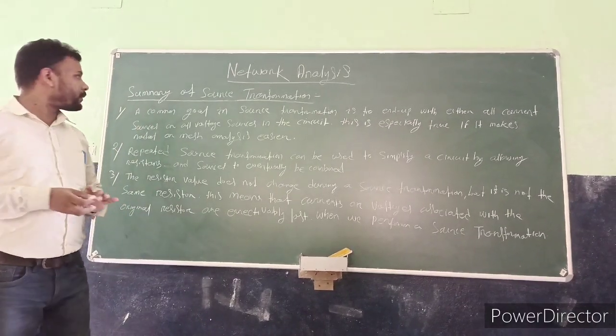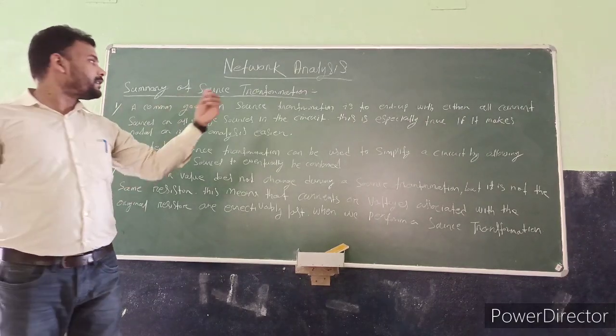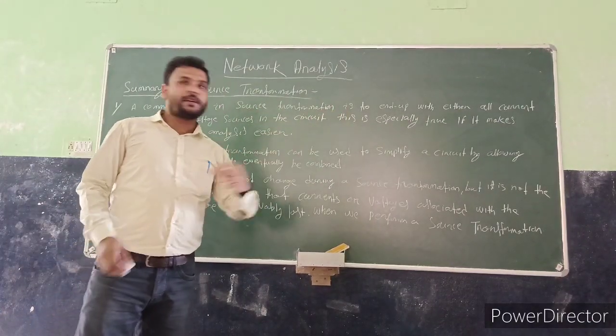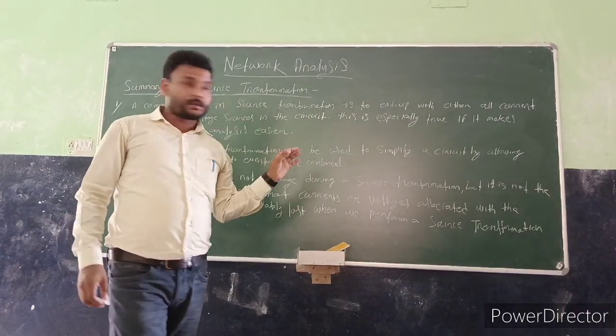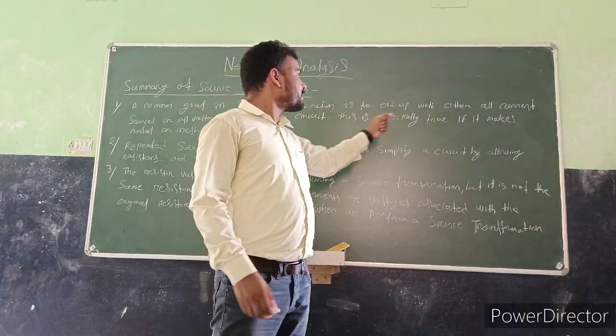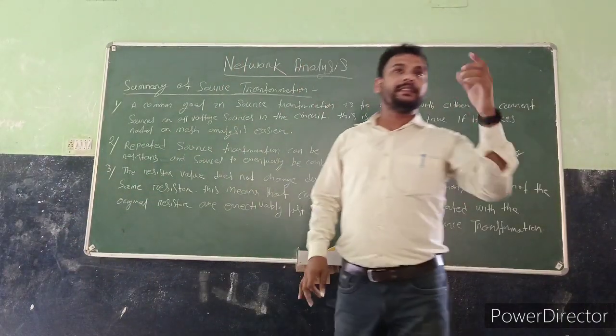Summary of source transformation. First, a common goal in source transformation is to end up with either all current sources or all voltage sources in a circuit. Why? This is especially true if it makes nodal or mesh analysis easier.